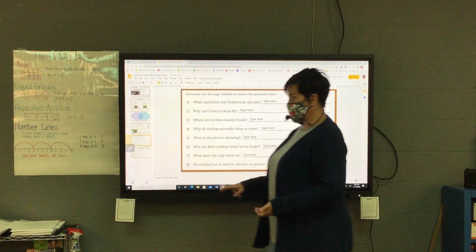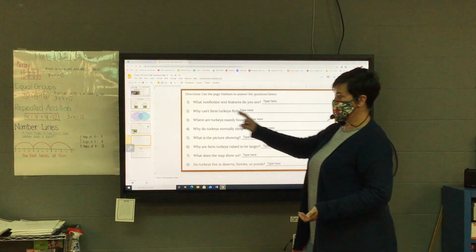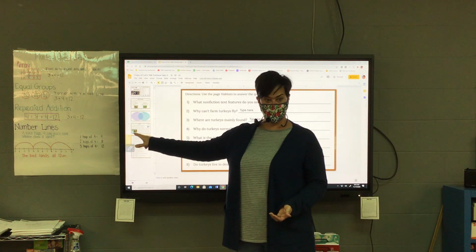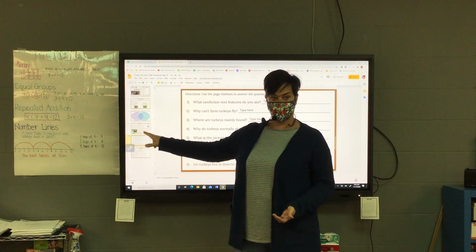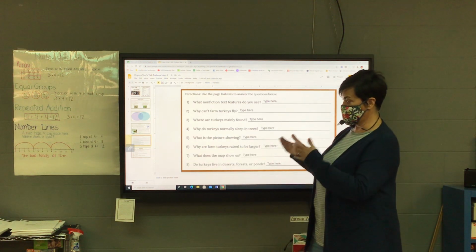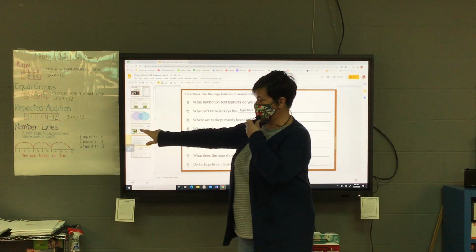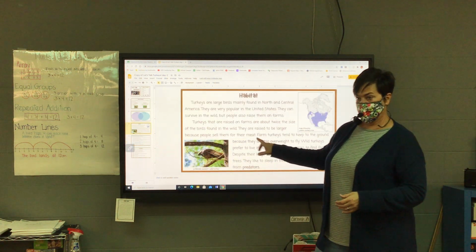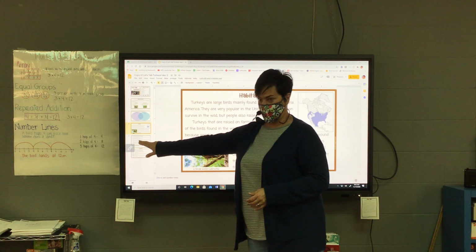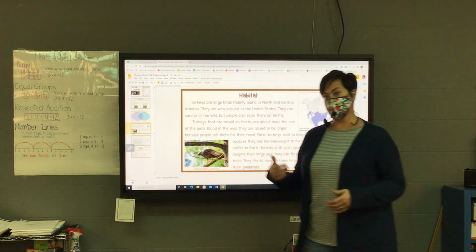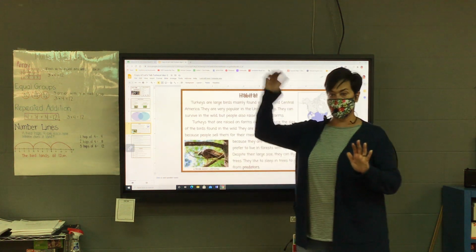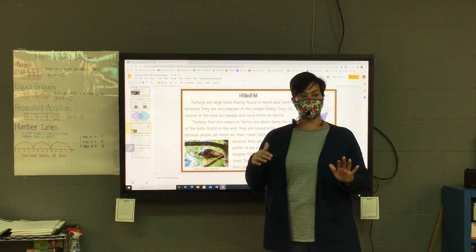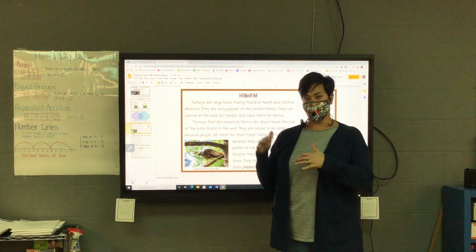The next slide goes with the habitat slide. Okay, so we're going to be using the habitat facts from slide 4 to help us answer the habitat questions on slide 5. So you might have to go back and forth between the slides to find your answers.